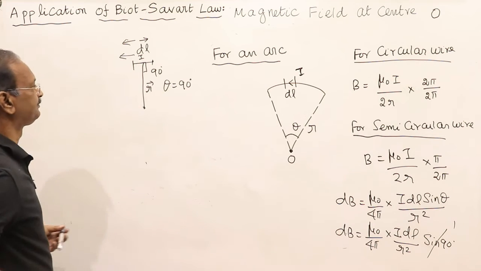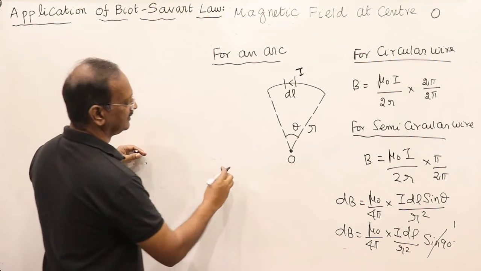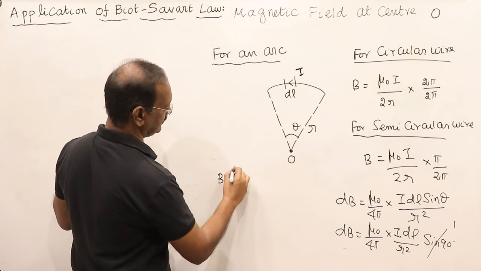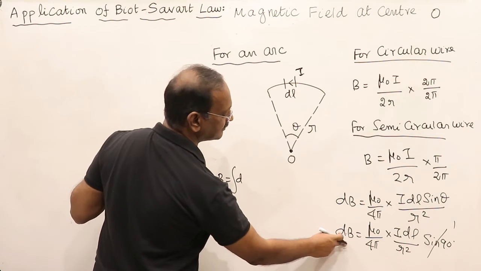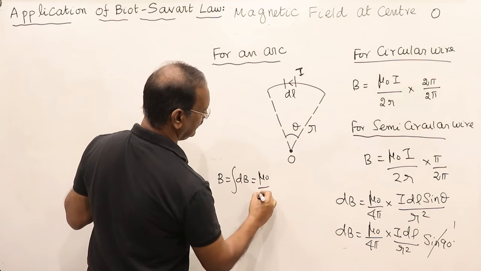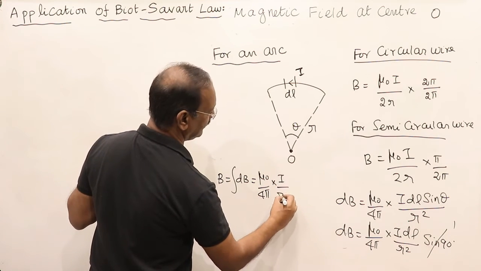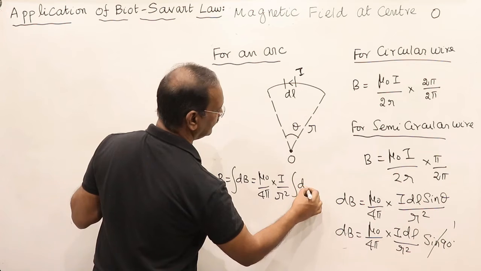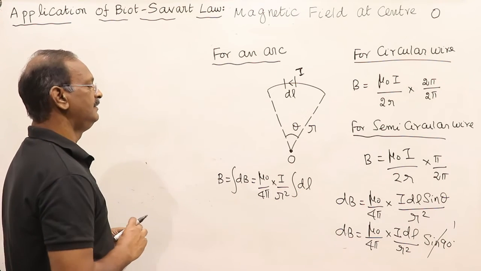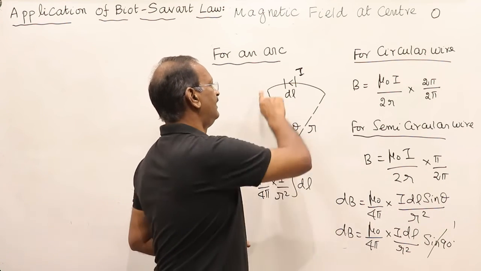So now we want to find out what is B. If we integrate this portion, we get B is equal to mu naught by 4 pi into I divided by r square into integral of dl. We already must have seen in trigonometry the arc length.